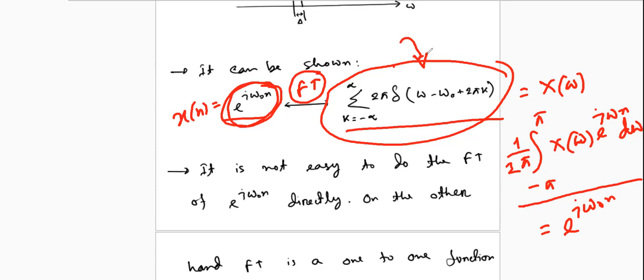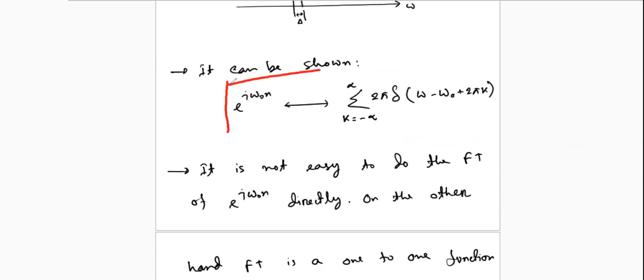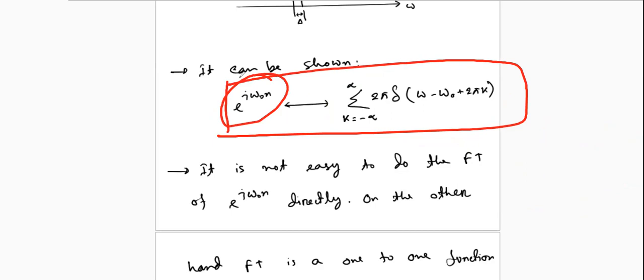They are equivalent. So we are making some tricks. Good mathematicians have already shown that if you have e to the power j omega 0 n and go for the Fourier transform, you will get this.